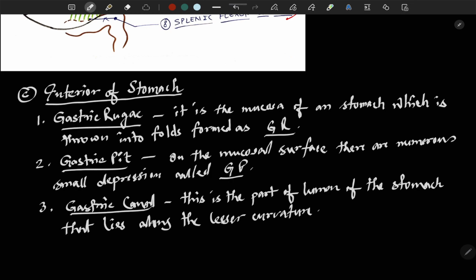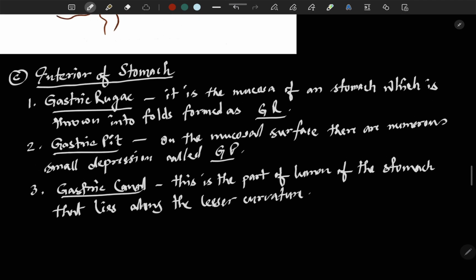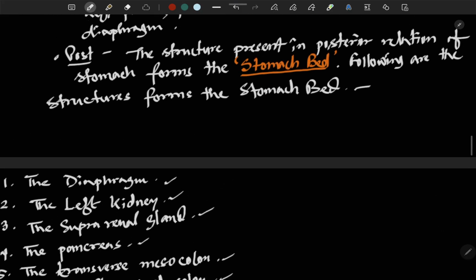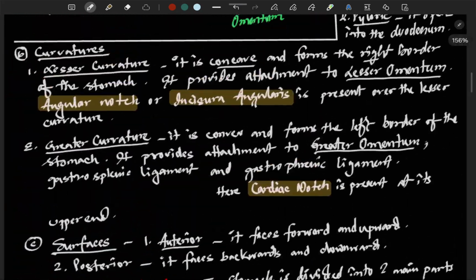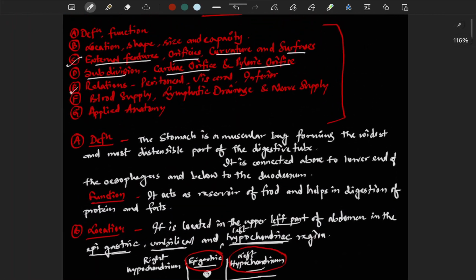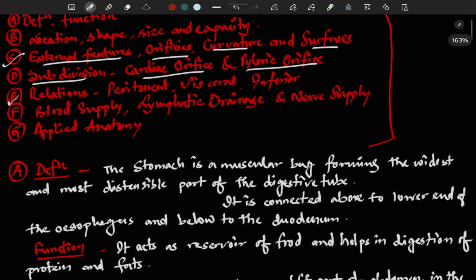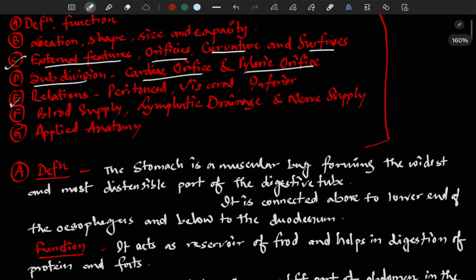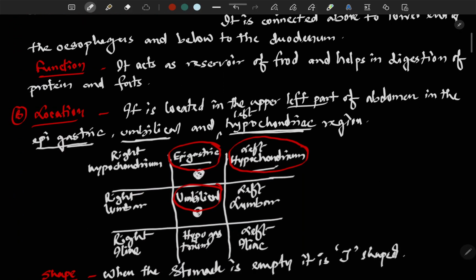So these are the interior. After this, we will go to the blood supply, lymphatic drainage and nerve supply.